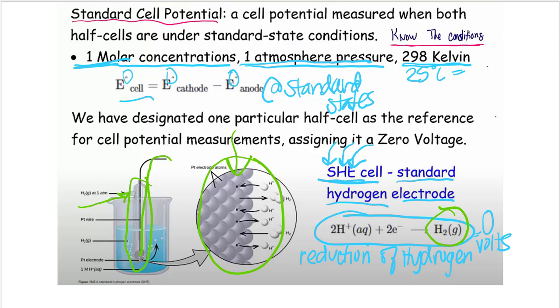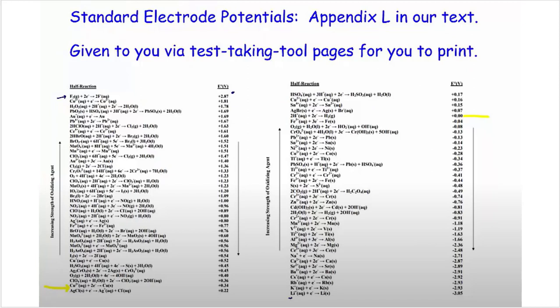So when we start looking at standard tables, this is the table that I've provided you as a test-taking tool. You'll probably have it printed by now, hopefully. Or if you're reading through your chemistry book online, you can click, I believe it's Appendix L, and a long list of potential differences will appear.